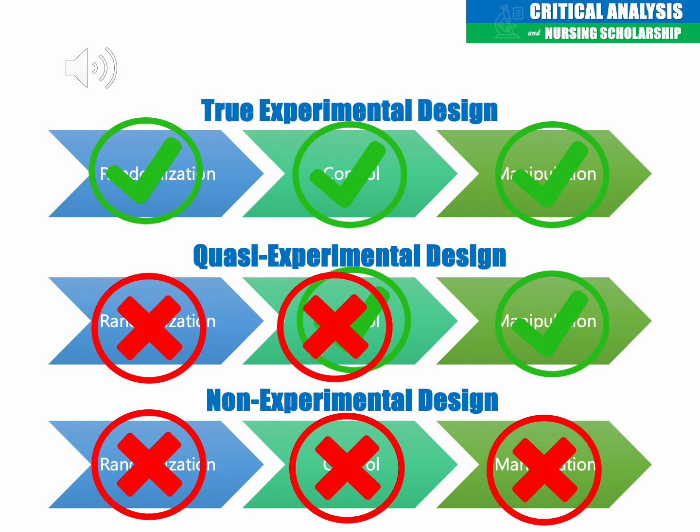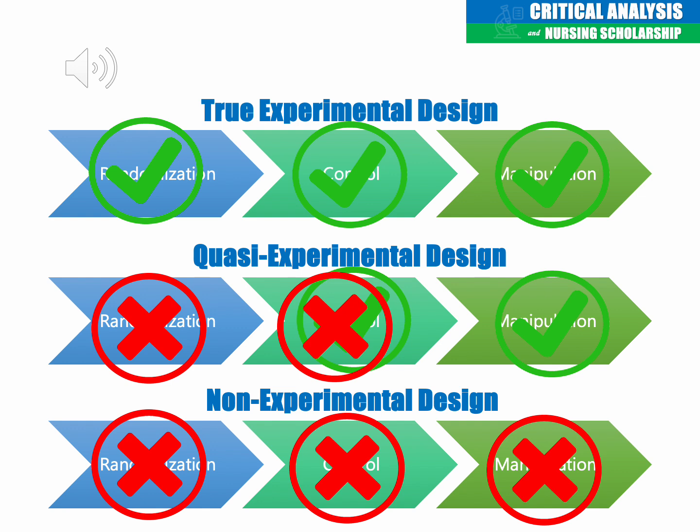We said true experimental design involves the 3, while in quasi-experimental design, randomization is not present, and in some cases, there is no control group, but there is a manipulation because in quasi-experimental design, we also introduce intervention.